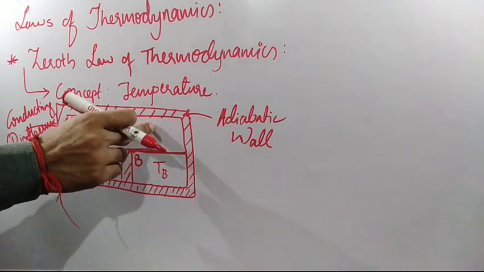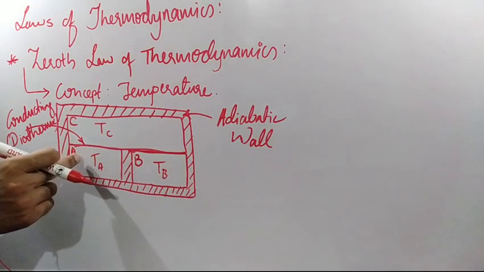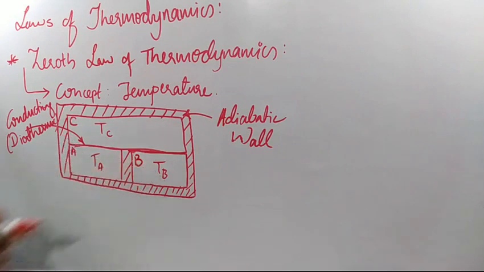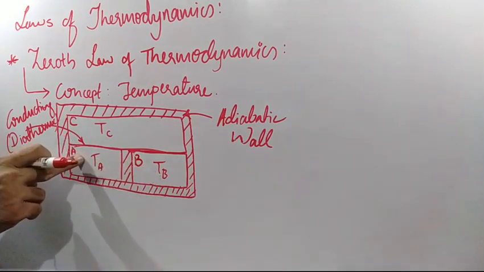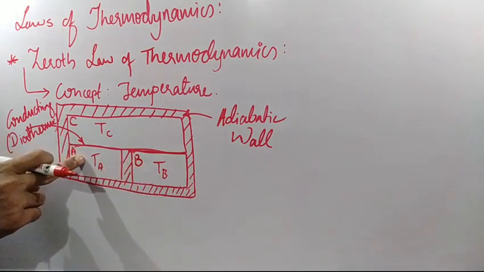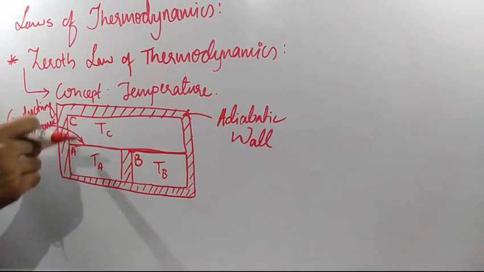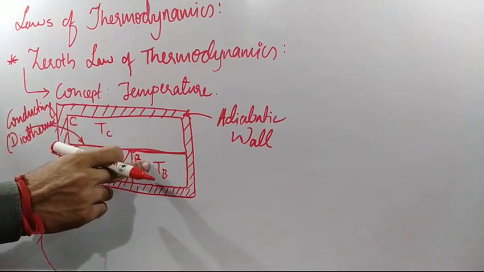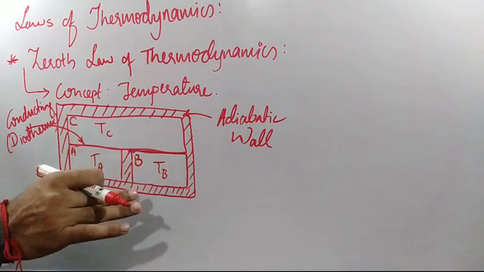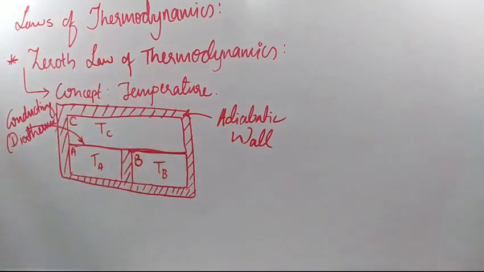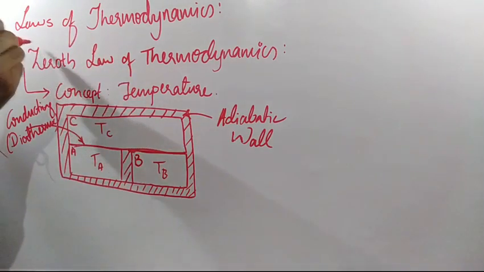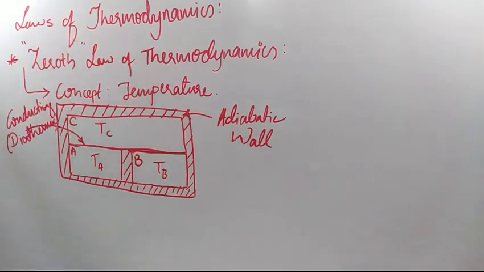System B is also in thermal equilibrium with C, this part. That's why two systems A and B are separately in thermal equilibrium with one more system C, then system A as well as system B are said to be in thermal equilibrium. This is the statement of the zeroth law of thermodynamics.